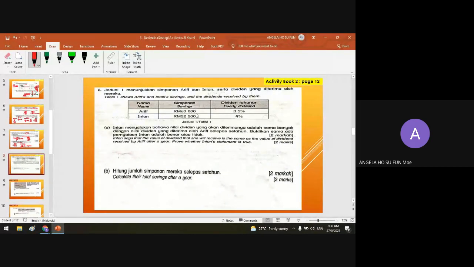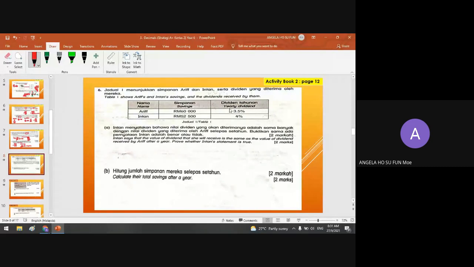So how do you do it? Both of them are putting their savings in different accounts, in different banks. Arif put his money in a bank that only gives him a 3.5% dividend a year, but Intan found a bank that can give her a 4% dividend a year.